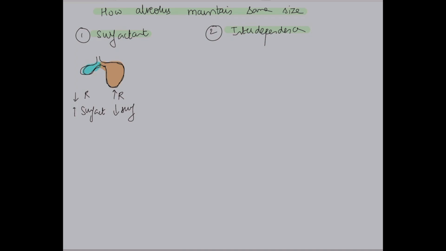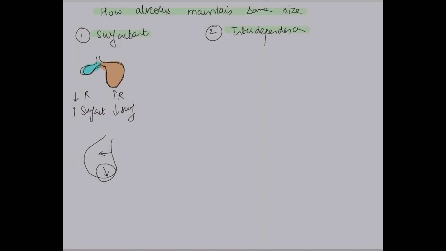That is why surfactant will not allow the small alveolus to become smaller, because, like we remember, surfactant acts in this direction and surface tension acts in this direction. So, the more the surfactant, the more the expansion of the alveolus. That is why the small alveolus will not collapse.